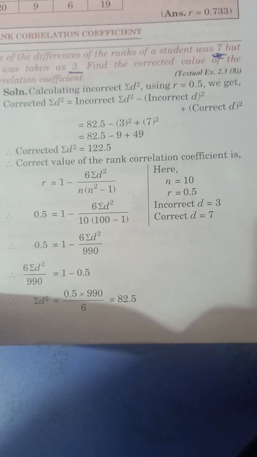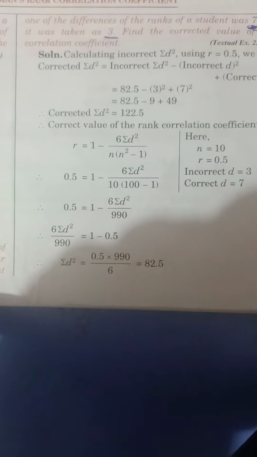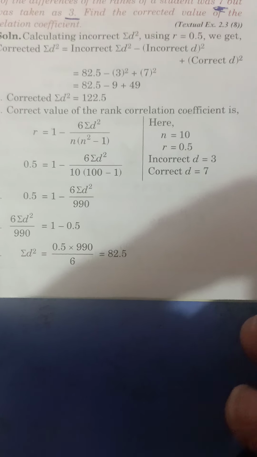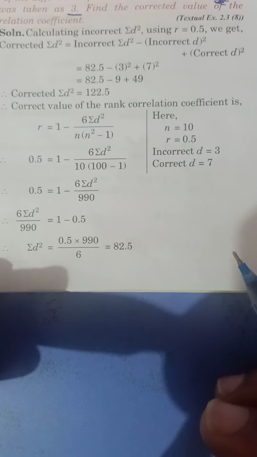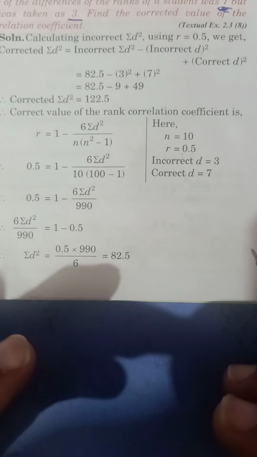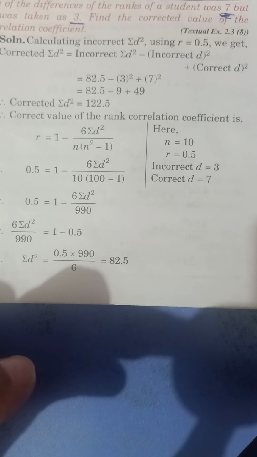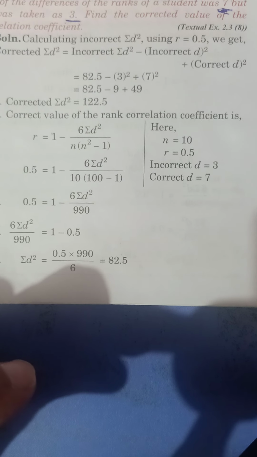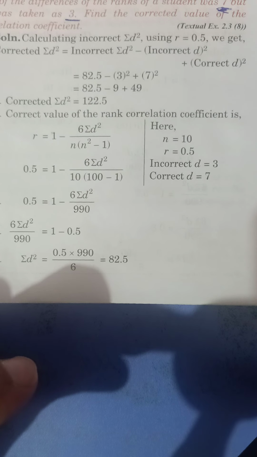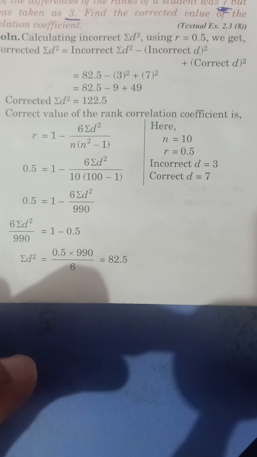But the question arises here, my dear friends: the value of sigma d square is not provided in the question. So first of all, we have to find the wrong value of sigma d square. Now the question arises in our mind, sir, how can we find the wrong value of sigma d square in this particular question?